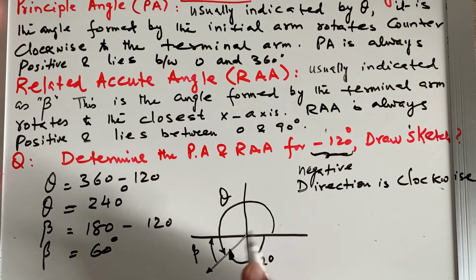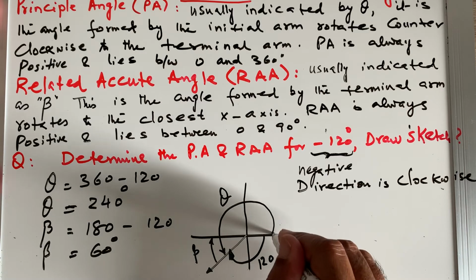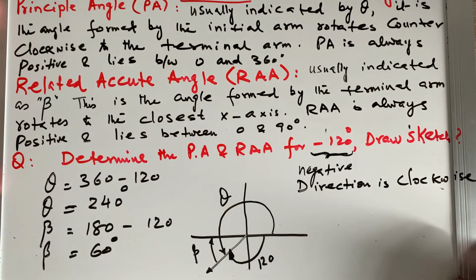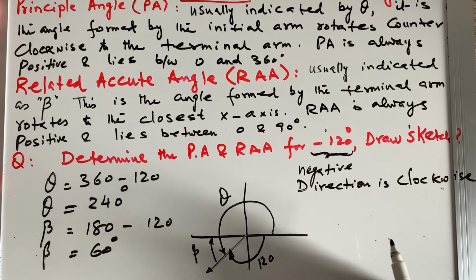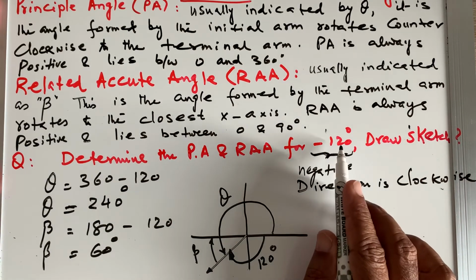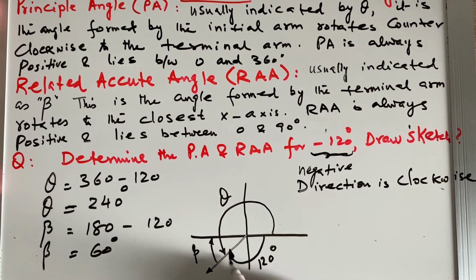Minus 120 degrees means it's somewhere here, right? So what is my theta? Theta should start from here, counterclockwise to the terminal arm. What I have to show was negative 120.